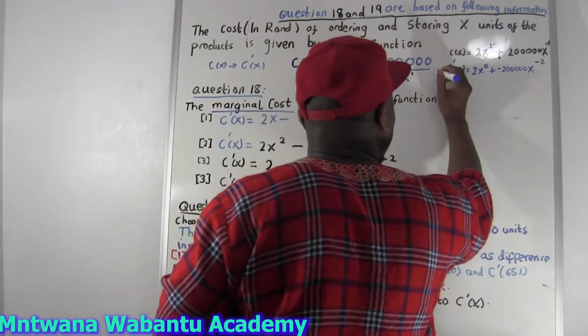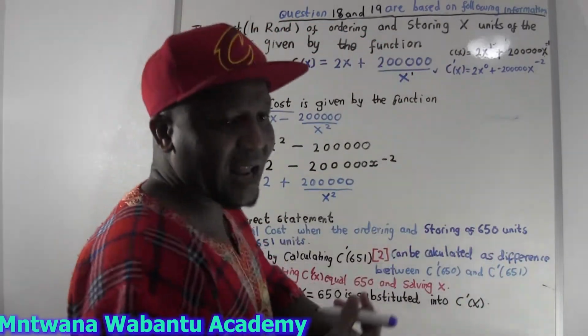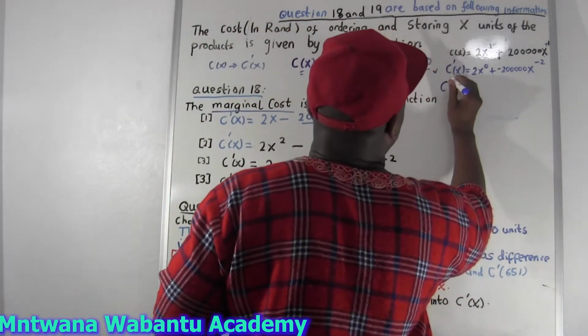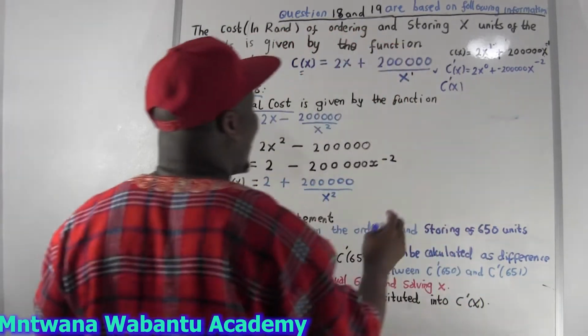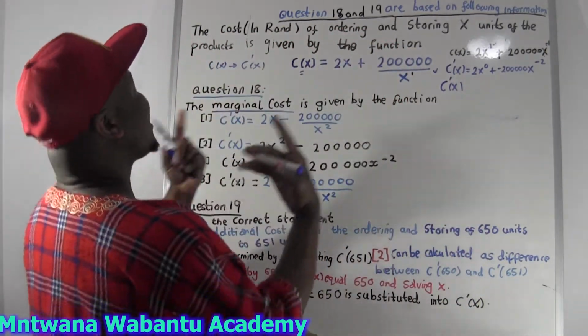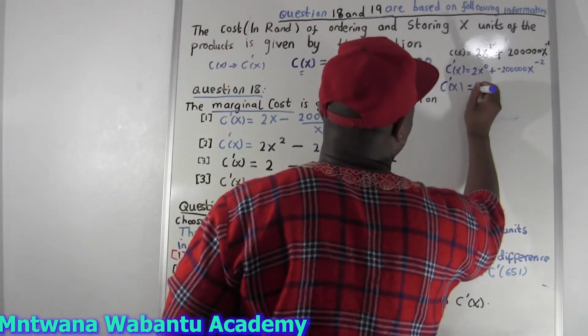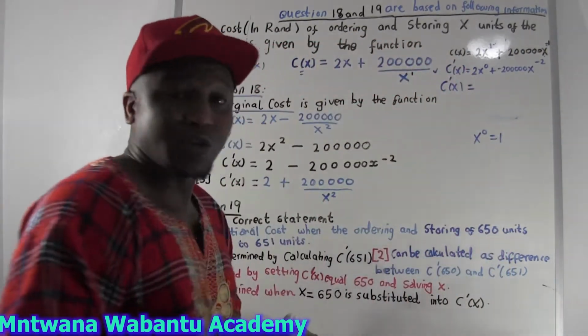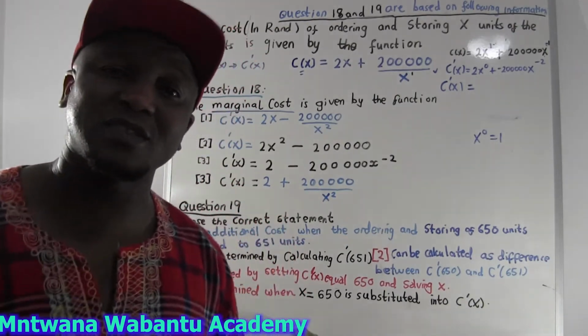So we have already derivated or differentiated. Derivate, differentiate, the same thing. So now let's simplify. Now this is not cost anymore, it is marginal cost, because we have already differentiated. So marginal cost: any number power 0 equals 1. You see, you watching me right now, if I put you power 0, you equal to 1.